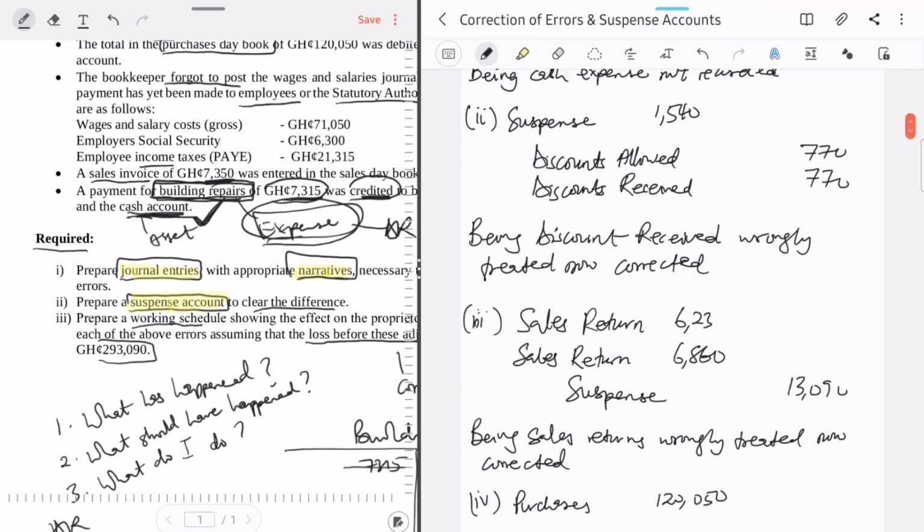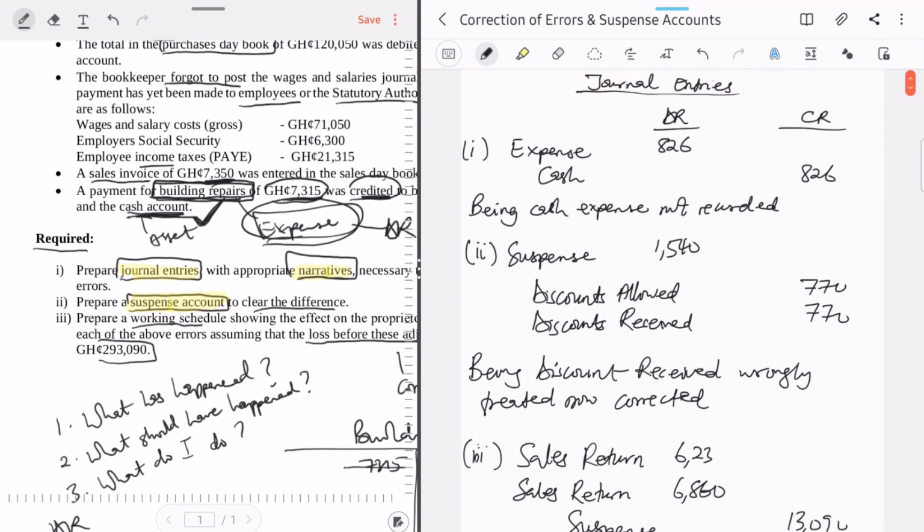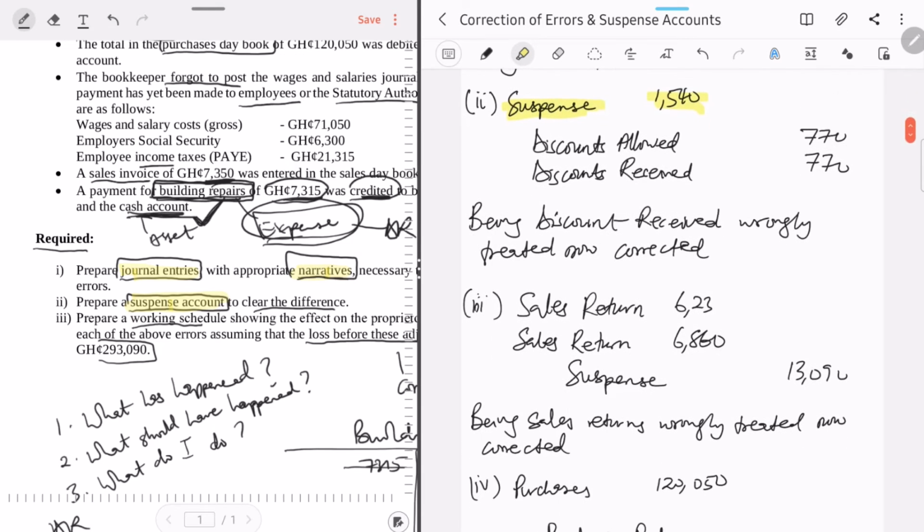So let's start from the top. I'm going to highlight them. In the first one, there's no suspense here. Good. In the next one, there is suspense of 1540 on the debit side. Okay. The next one, there is suspense of 13090 on the credit side. Noted. All right.